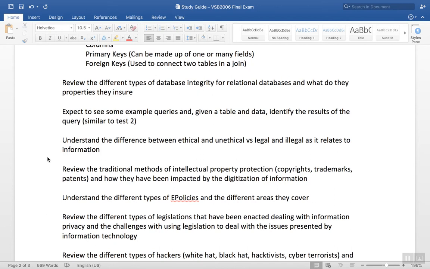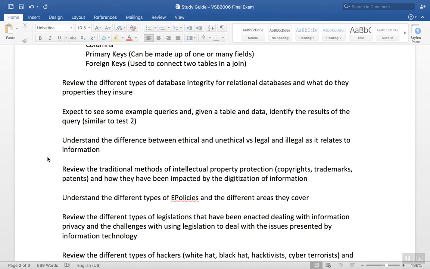With chapter 4, which is one of the last two sections, this deals with chapter 4 and chapter 9. I want to go back and review the differences between ethical and unethical versus legal and illegal as it relates to the use of information.